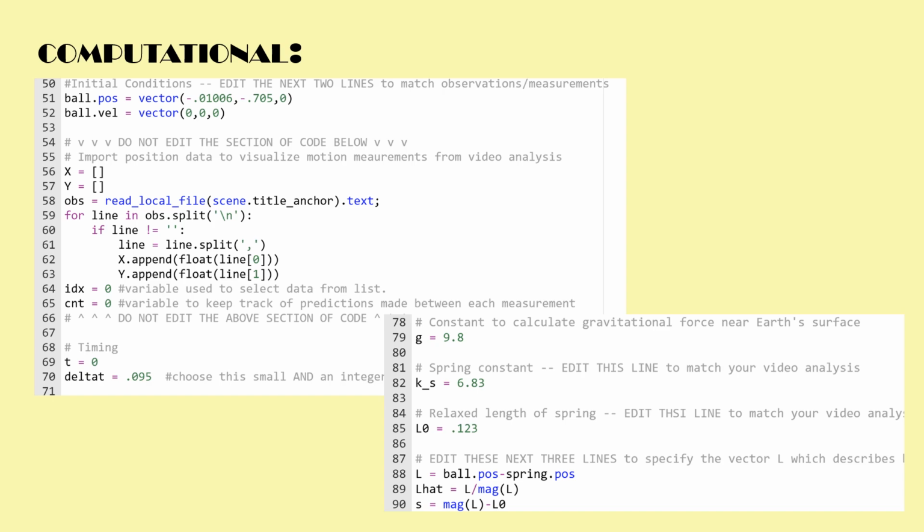And moving over to the right, we have 9.8 meters per second squared, which is g. We have the spring constant and the relaxed length of the spring. This was all given in some of the pre-lecture videos. And then for lines 88 through 90, we just have some equations. We have L, L hat, and s, which is the stretch of the spring.